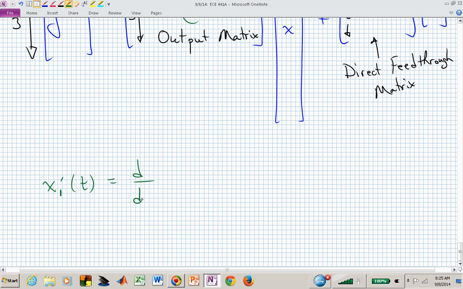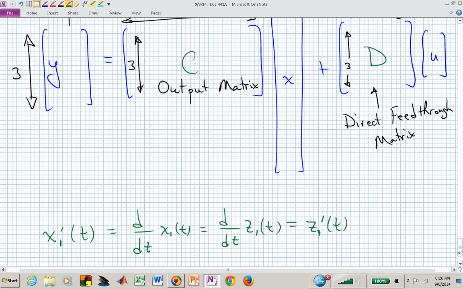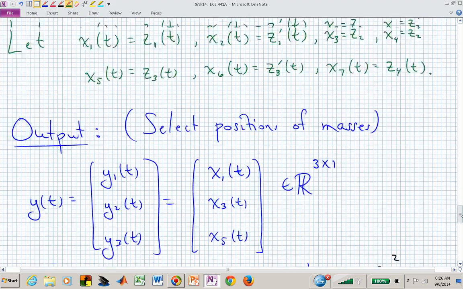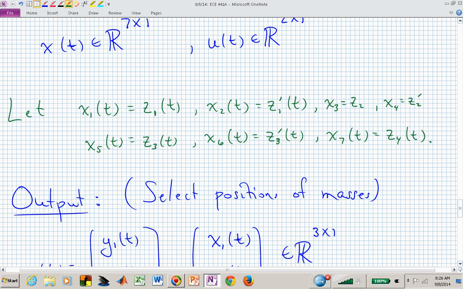This is now the derivative of x1 of t, but how did we define x1 of t? We said that was z1 of t, didn't we? So that's now z1 prime, but we can't have primes on the right-hand side. Do we have a way of describing z1 prime in terms of state variables?